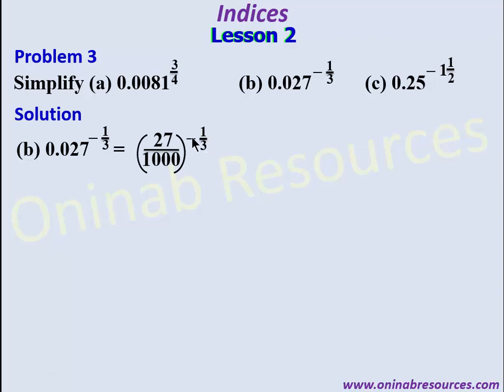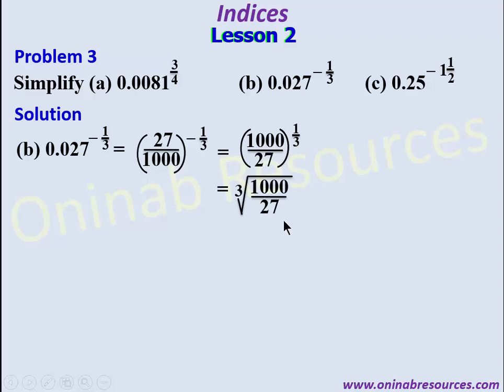We have to remove the negative from the index, so we now have it as 1000 over 27 raised to power 1 over 3. That is, we just take the reciprocal of the fraction we have here, which is 1000 over 27, and we now find the cube root of 1000 over 27.